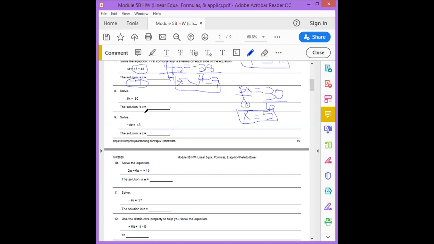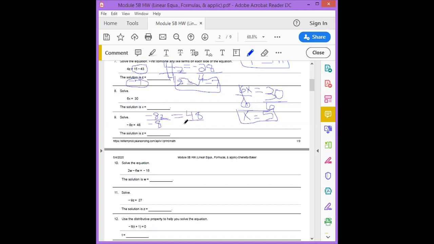Number 9 is very similar. We have negative 8z equals 48. So to solve this equation, we're going to perform the opposite operation, and the opposite of multiplying by negative 8 is to divide both sides by negative 8.